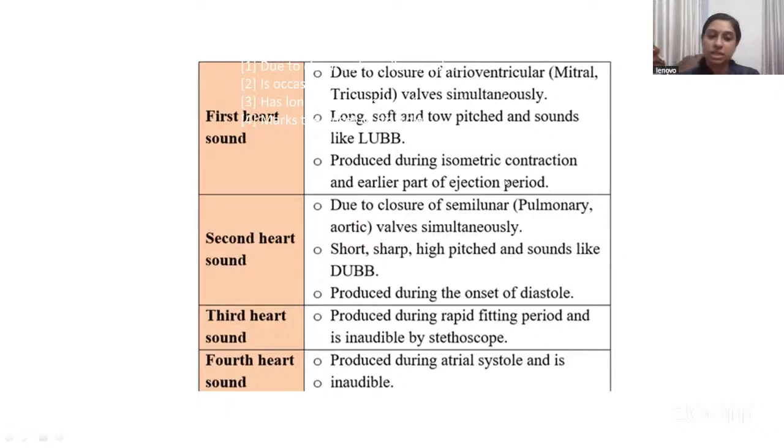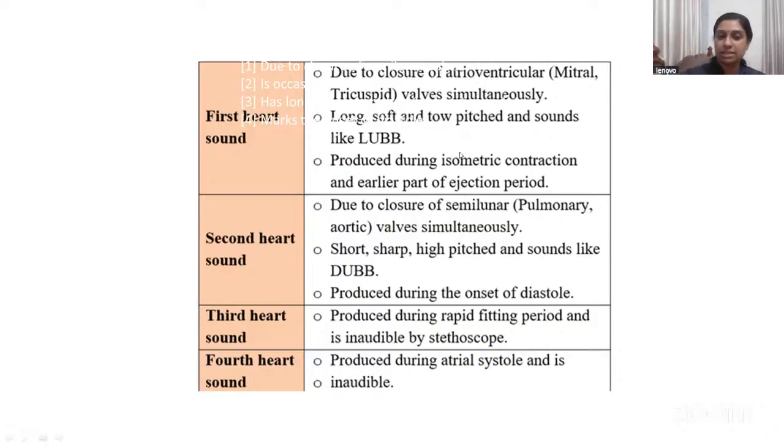And now coming to the second heart sound. The first and second heart sounds are basically due to the closure of valves. First heart sound is due to the closure of AV valves, that's the mitral and tricuspid valves, simultaneously. And the second heart sound is due to the closure of semilunar valves, that's the pulmonary and aortic valves, simultaneously. So these two sounds are due to the closure of different valves.